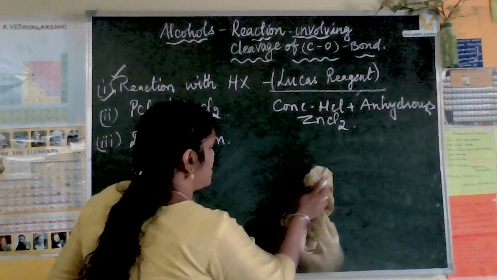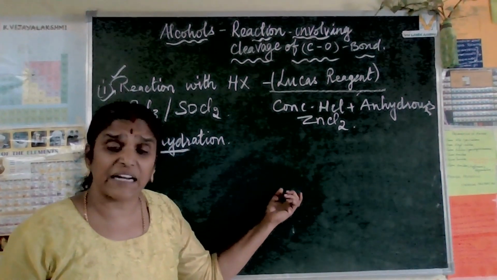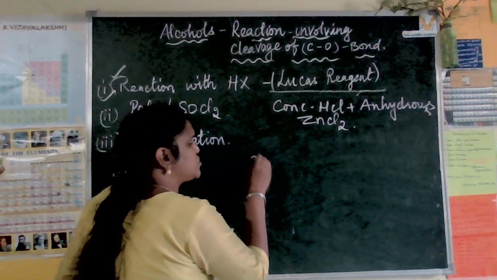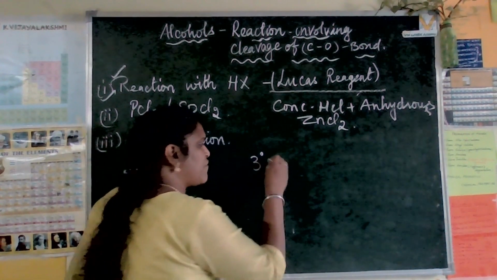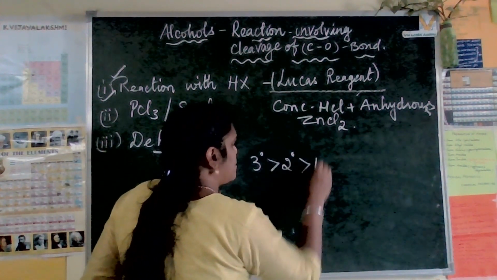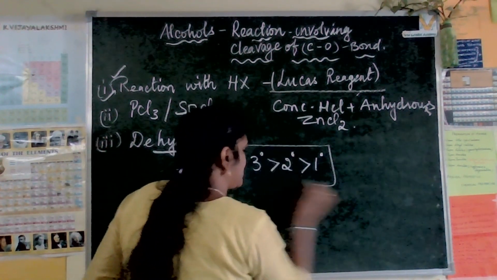How to identify the reactivity series? Tertiary responds very fast, then secondary reacts, and then primary. So this is the reactivity series.